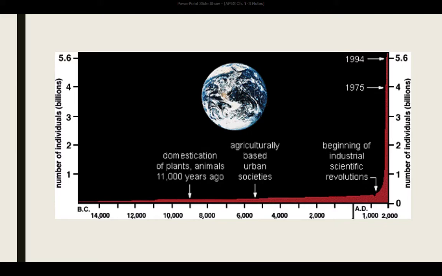When humans and future populations and species were introduced, the exponential growth more than doubled, more than tripled. In fact, it began to quadruple within a matter of years. Imagine what it would be like in 2050 if you were looking at 5.6 billion in 1994.